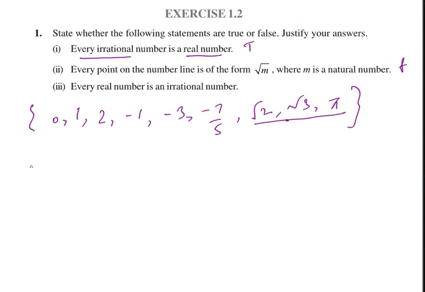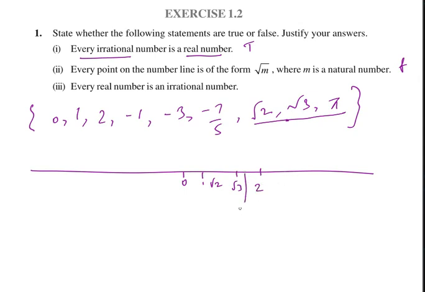Because if we take a real number line, 0, root 2, 1, root 3, 2, and in between we can take some rational numbers also. Whole numbers, irrational numbers and rational numbers, everything will come under the real number line.